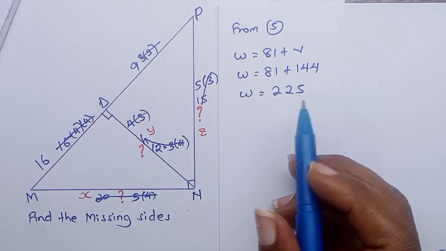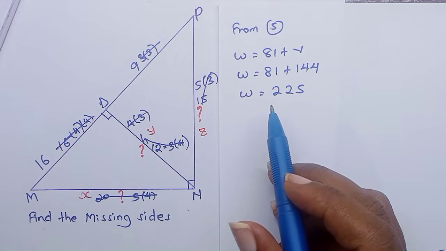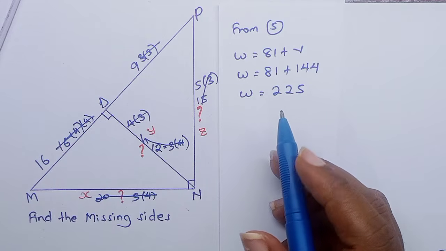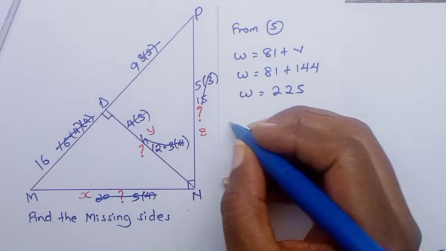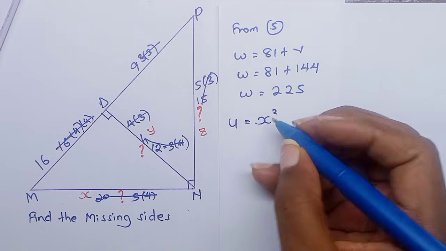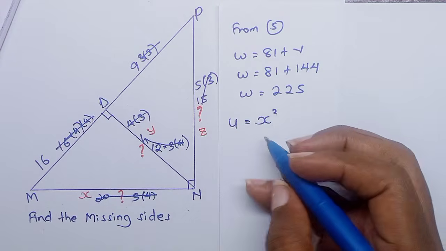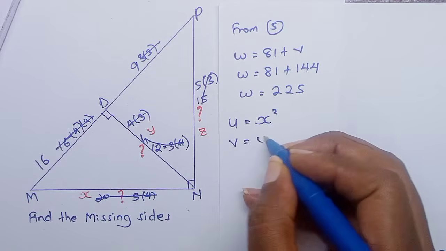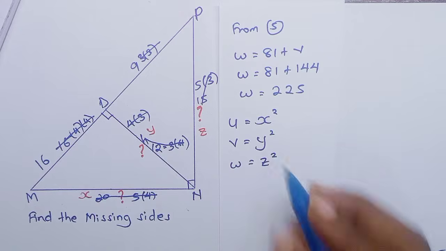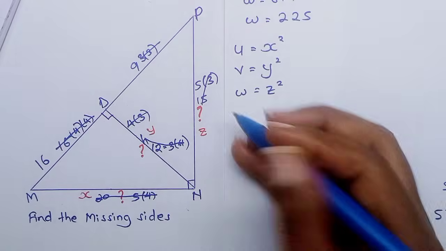Now that we have found the values of u, v, and w, we can now solve for x, y, and z, since u, v, and w were representing values of x squared, y squared, and z squared. So we said that u is equal to x squared, then v is equal to y squared, and w is equal to z squared.